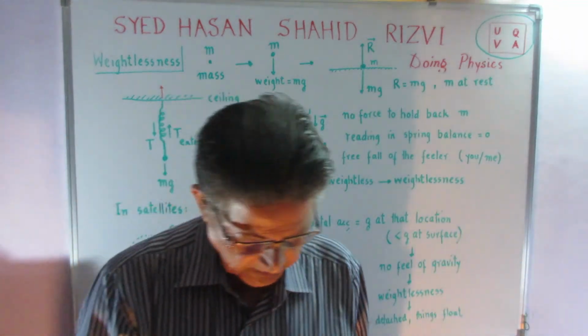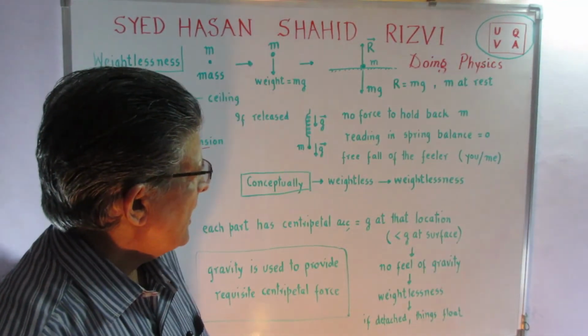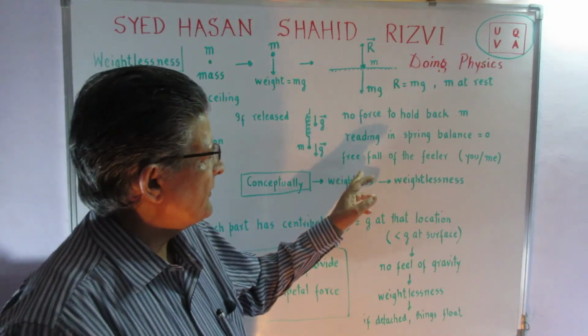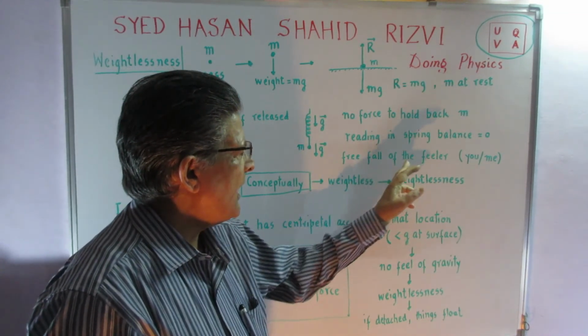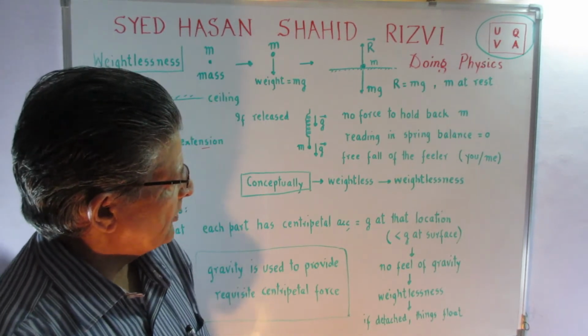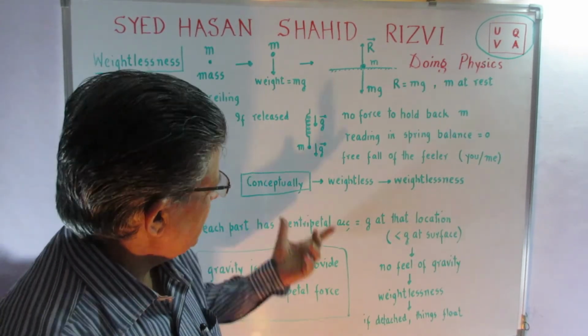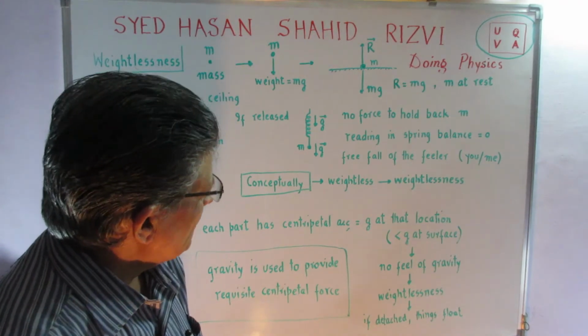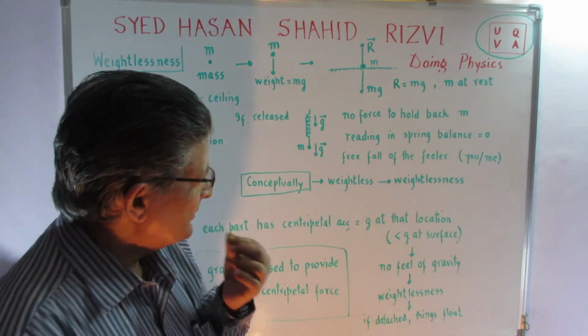The reading in the spring balance will be equal to 0, and there will be a kind of free fall of the feeler. That feeler could be you, the feeler could be me, he, she, anybody. So what is the feeling?